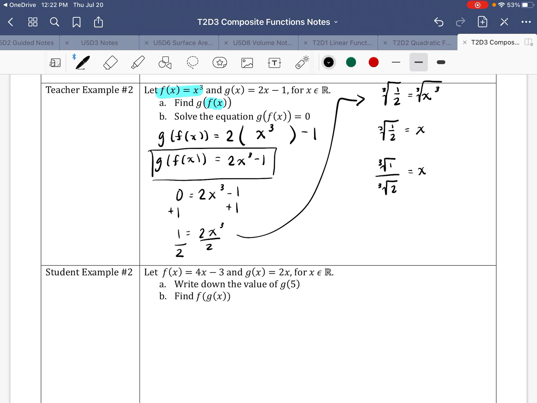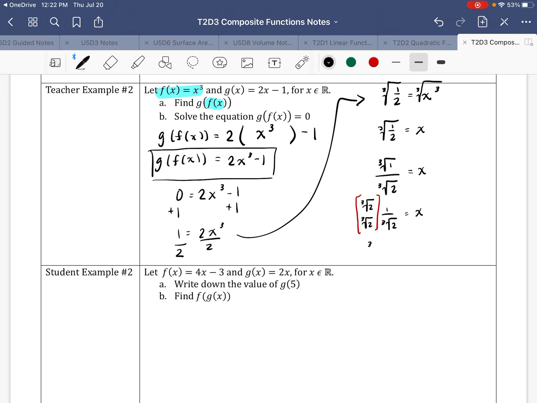Right? Now 1 times 1 times 1 equals 1. So the cube root of 1 is just 1. And then the cube root of 2 stays at the bottom. And I'm going to multiply by the cube root of 2 on both the top and the bottom. And now this here that we're multiplying, because it's the same on the top and the bottom, is equal to 1, right? Anything on the top, if it's the same on top and the bottom, equals 1.